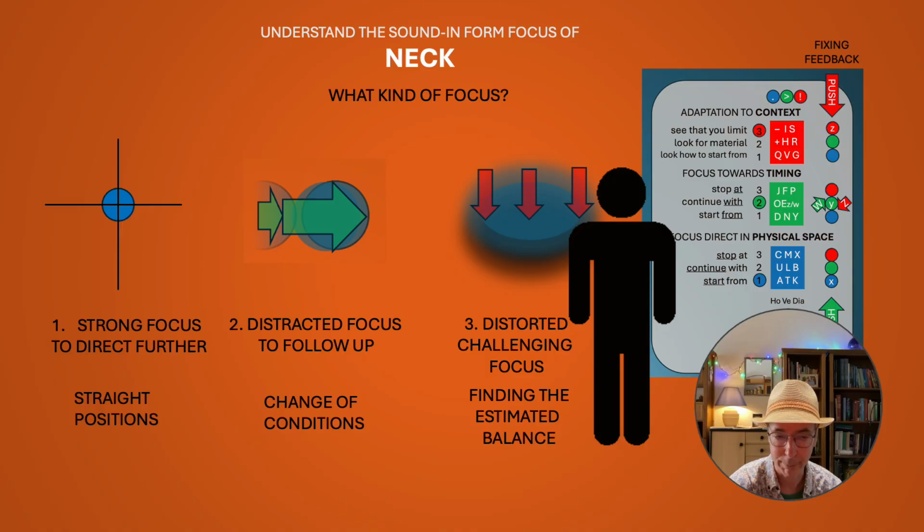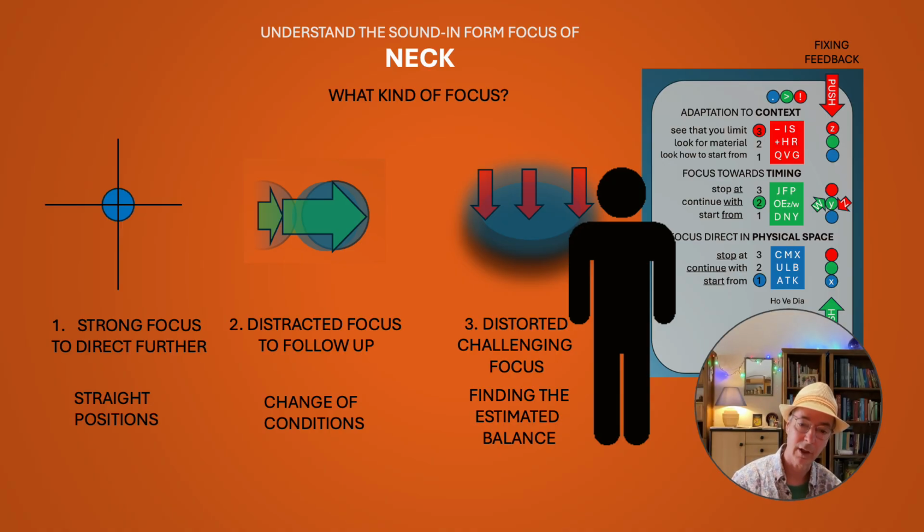If that is not possible, we might be distracted by some elements which need follow-up, so that we check, okay, where does it lead us to, where some of the general conditions are changed, or we can no longer base ourselves purely upon the straight positions.